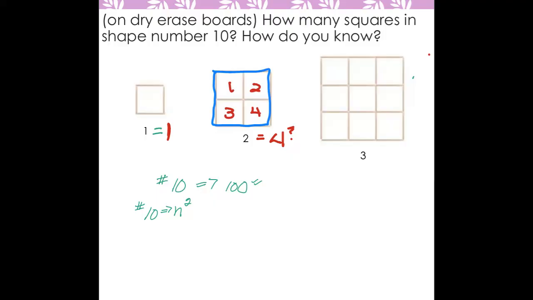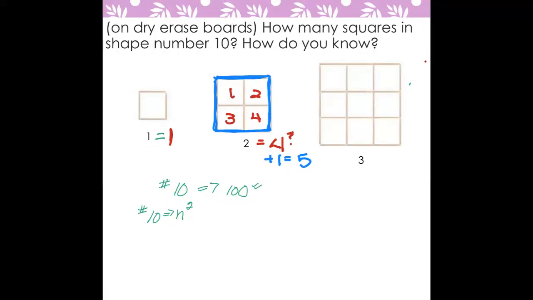So, okay, I understand what you're saying there, maybe. So there's 4 small ones, but then plus 1 would be 5. You see what I'm saying? This is a square too, right?